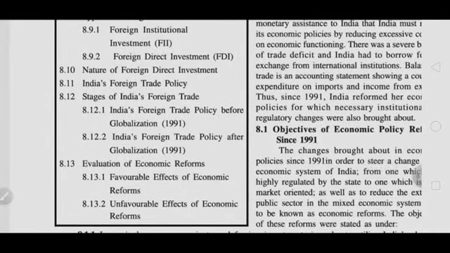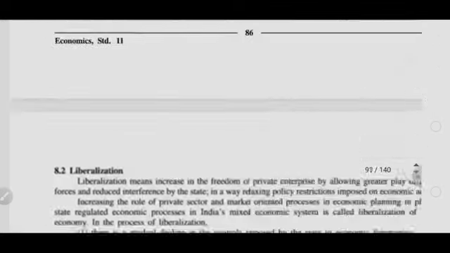Then we will have the nature of foreign direct investment, India's foreign trade policy, and India's foreign trade, which are divided into two parts, that is, foreign trade policy before globalization and after globalization. And lastly we will discuss the evaluation of economic reforms, that is, favorable and unfavorable effects of economic reforms.